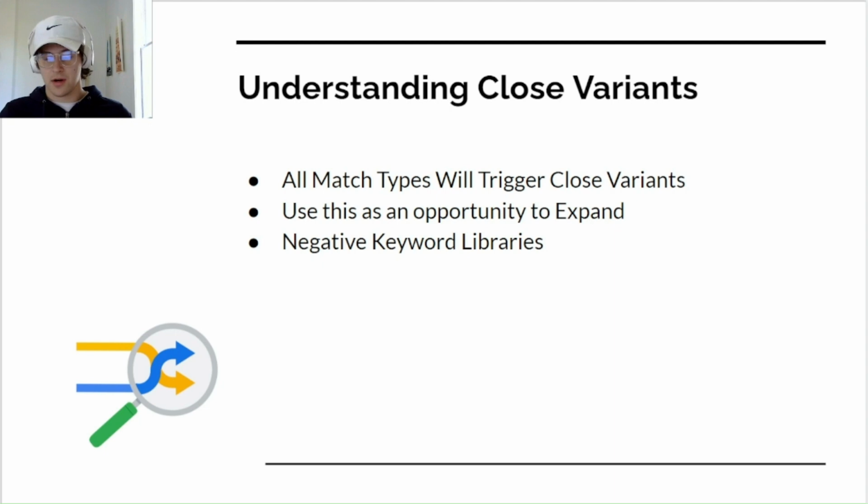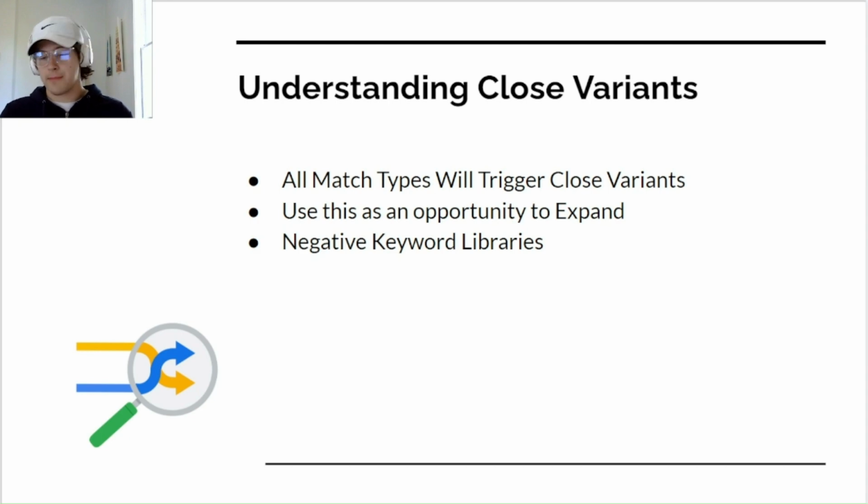And all match types are semantic, meaning keywords expand based on the meaning of the query rather than the structure of the query. Close variants help you connect with consumers who are looking for your business despite slight variations in the way that they search. Basically, Google has a good idea on who is trying to purchase, who is trying to make an action, right?